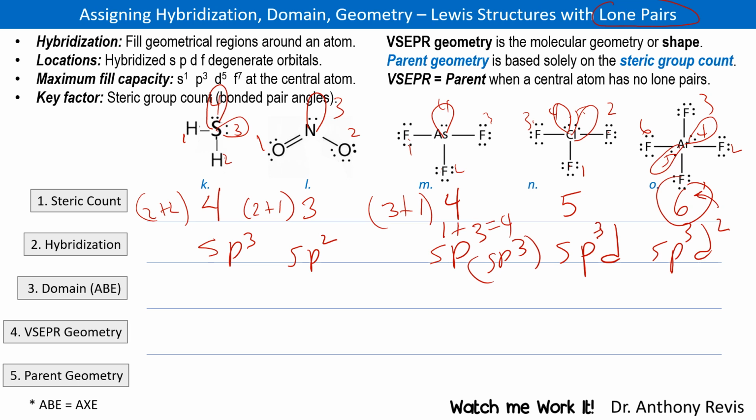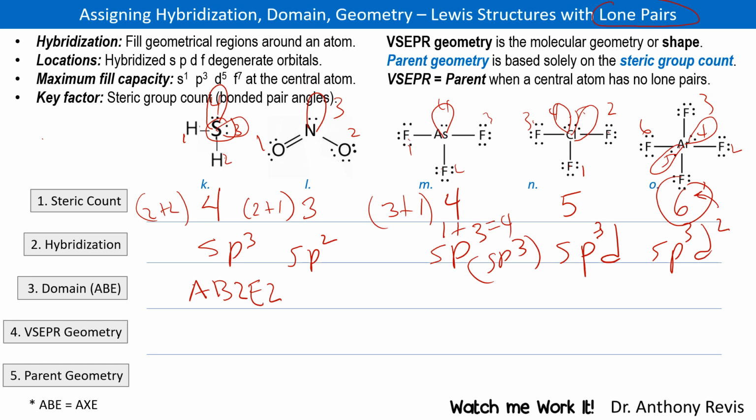All right, so what about the domain names? Now, we always write A because that's the central atom. In this case, the central atom is sulfur. And around sulfur, I have 2 bonded groups, and I have 2 lone pair. E stands for the lone pair, okay? So we have E equals the lone pair.